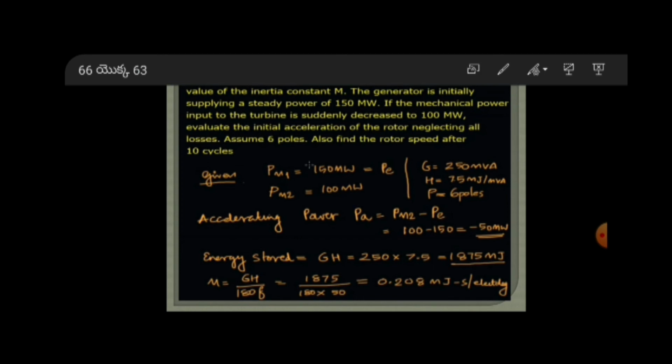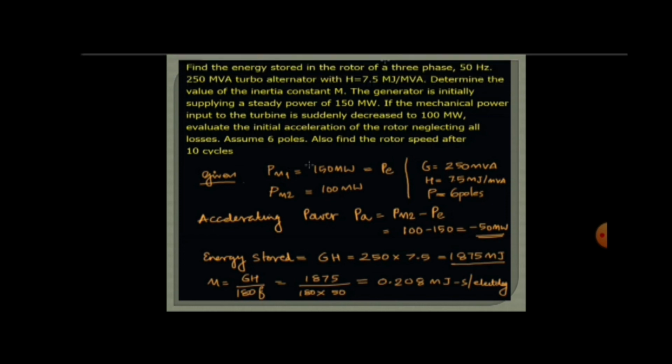The first part is to determine the value of the moment of inertia, capital M. The capital M formula you know, we have done so many problems: GH by 180F. In some cases instead of G they use S, the rating of the turbo generator or the machine. So 1875 by 180 into F, where frequency is 50, you will get 0.208 megajoule second per electrical degree.